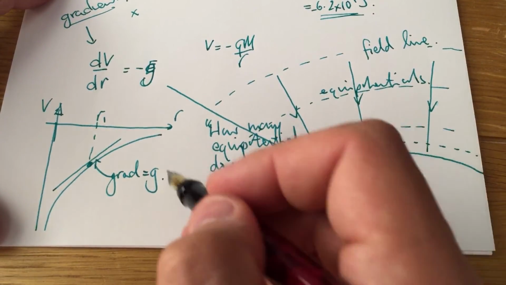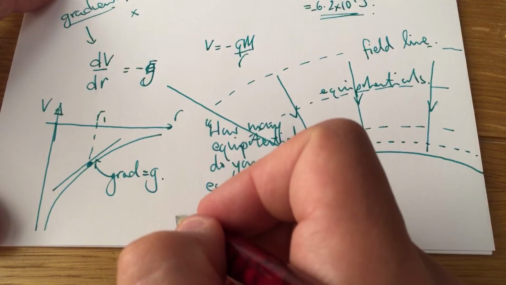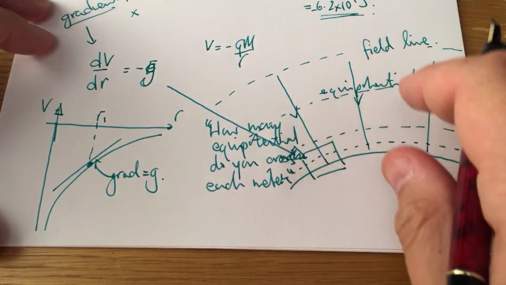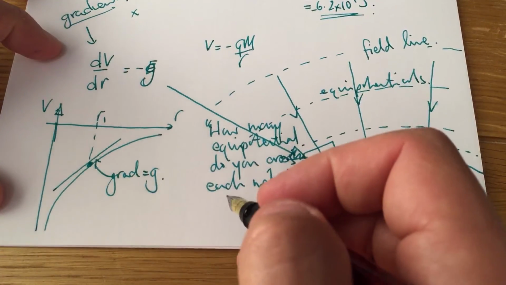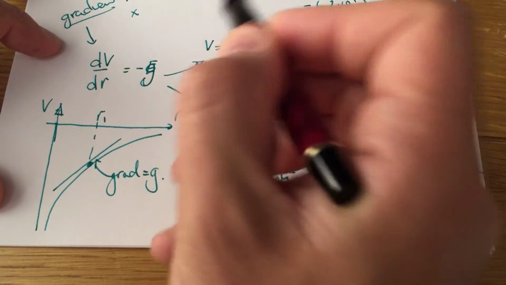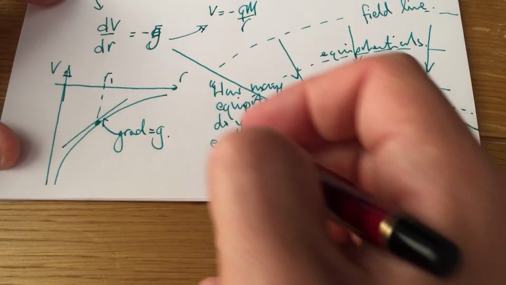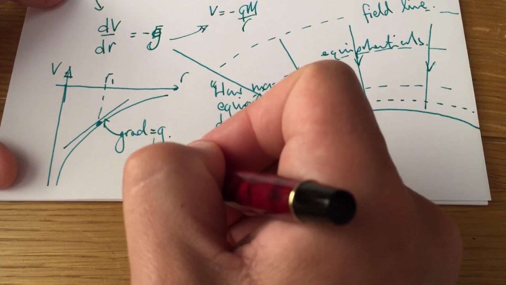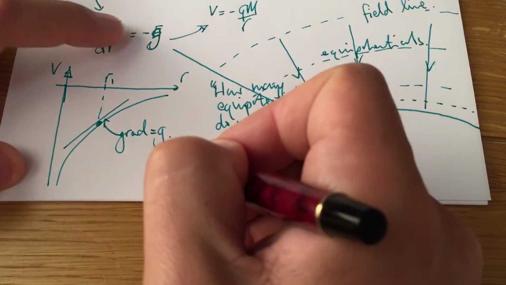Let me just work out, of course, how we derive the equation for potential from here to there. It's probably a bit beyond what you need to know, but V is going to be the inverse of this.